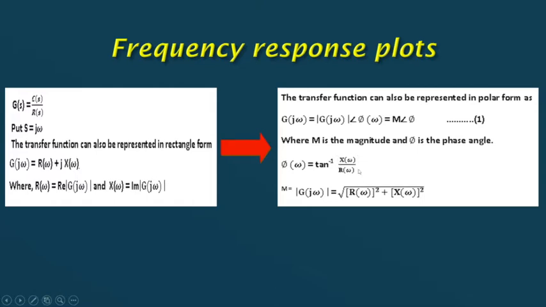The imaginary part is the y-axis and the real part is the x-axis. Then the magnitude, taking the mod of G(j omega), is the root of real part square plus imaginary part square.